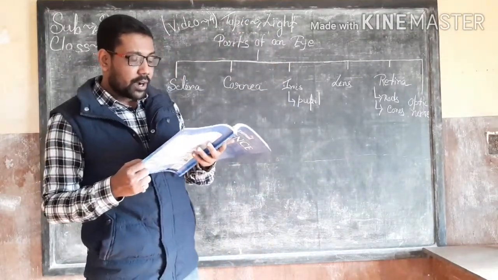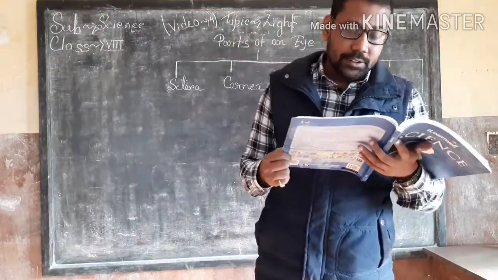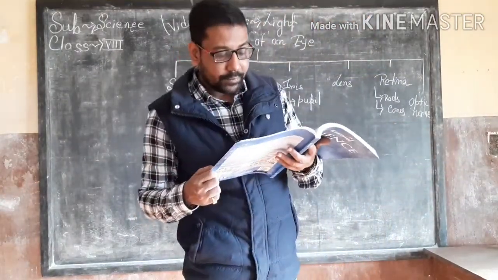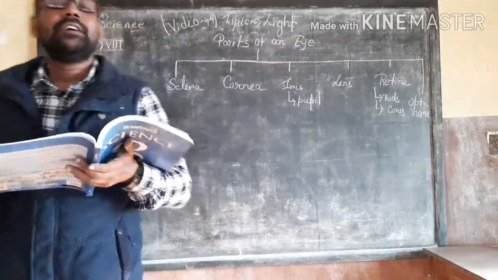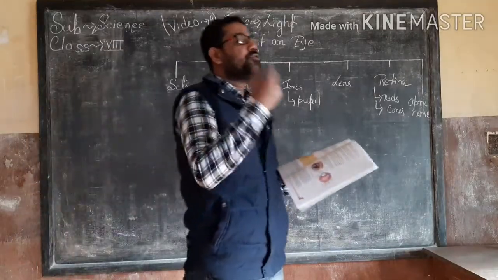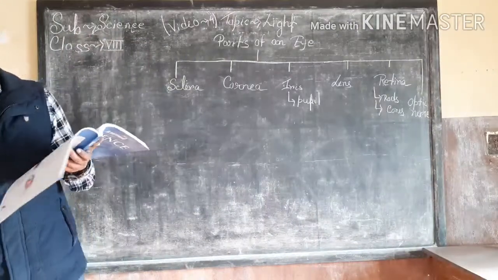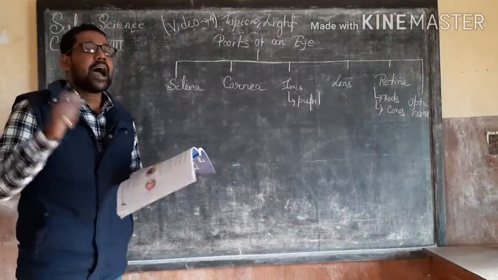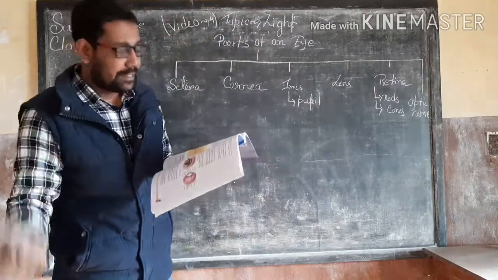The cones are sensitive to color, while the rods are sensitive to the intensity of the light. So, what is the difference between these 2? The cones are sensitive to color, and the rod is sensitive to the intensity of light.